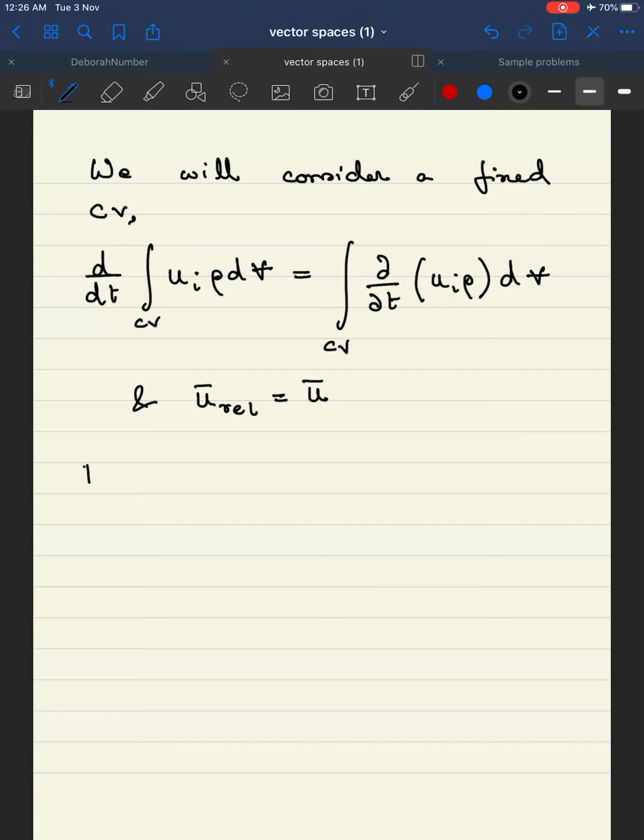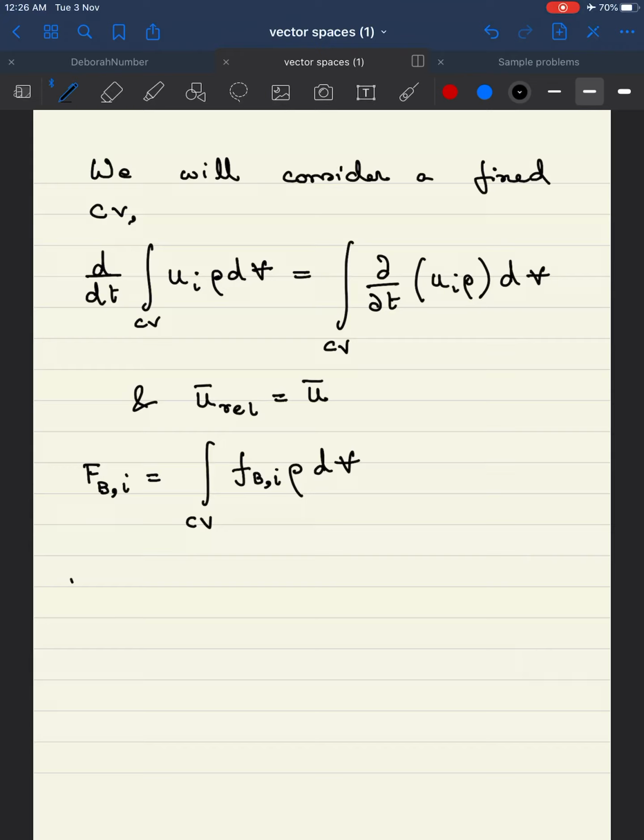Now my body forces f_b,i, this is the net body force on my entire control volume. So I can just write the integral over the CV, and this is the volumetric term multiplied by rho dV, right.